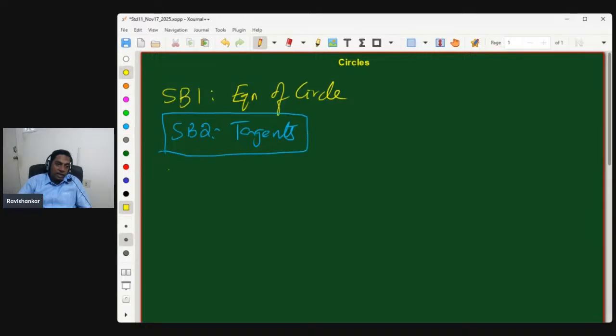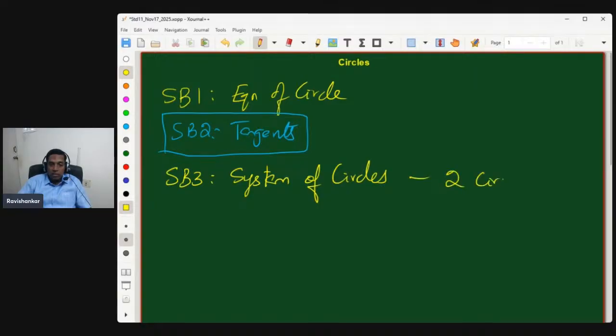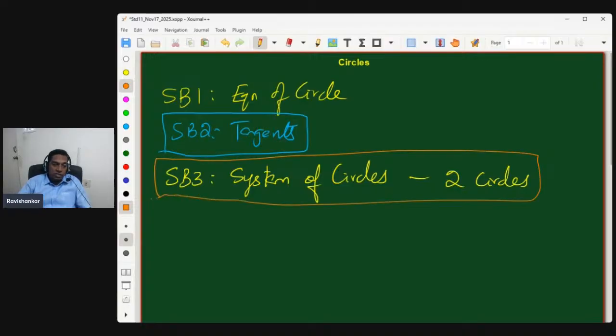We have not assigned it because tangents has been removed from the portions. Then 2 circles, so this is what is skill builder 3. Some of the portion in skill builder 3 also concerns common tangents, etc., which has also been removed from the portions.